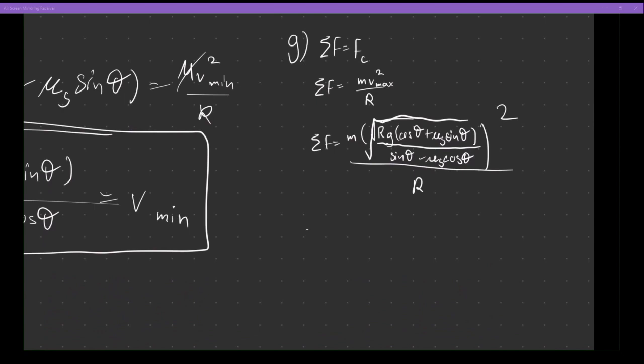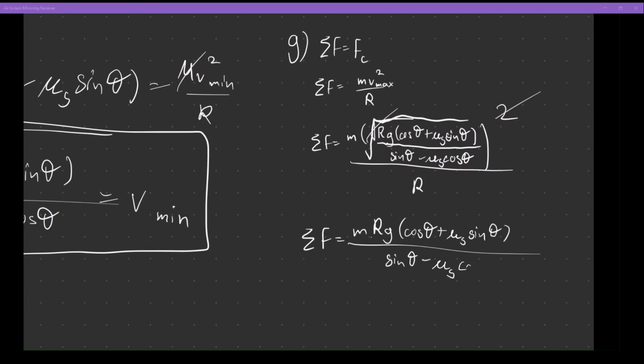So net force is equal to, this will cancel out with that, so it's just m r g times cosine of theta plus mu s sine of theta, all of this over sine of theta minus mu s cosine of theta, all of this over r.